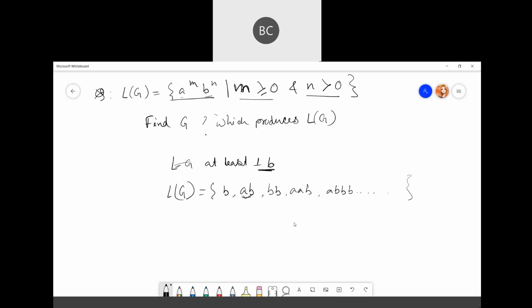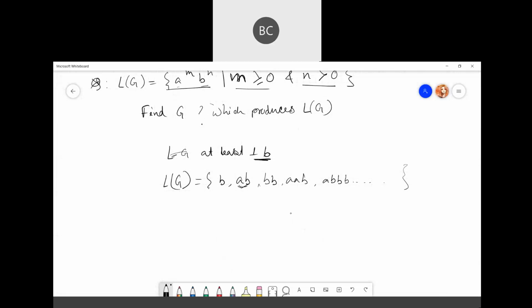So how can we generate the production? We need to find the production rules in such a way that we can generate some of these strings, or at least all the strings. Okay, first is b. For example, let's take we want to generate the string b. Remember, there will always be a starting symbol. Okay, so we will take a starting symbol. Here I'm taking a production, for example, S equal to B. Then I'm again giving a production B equal to small b.